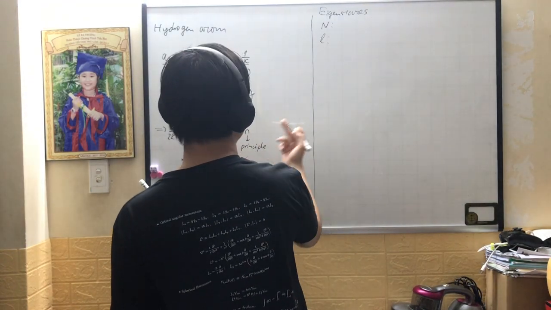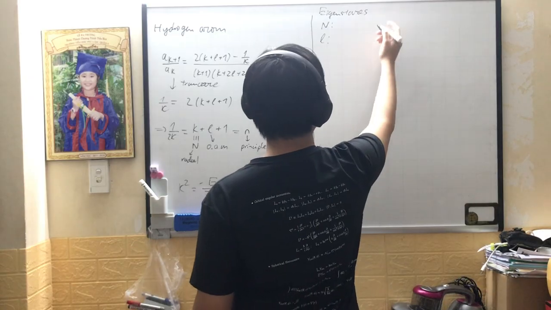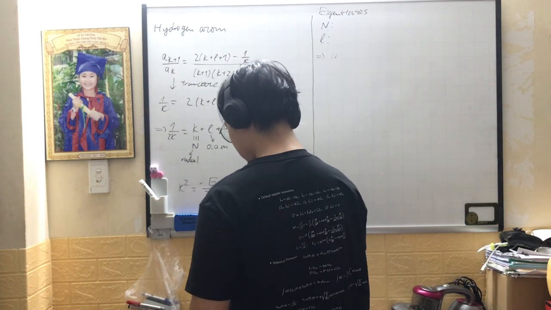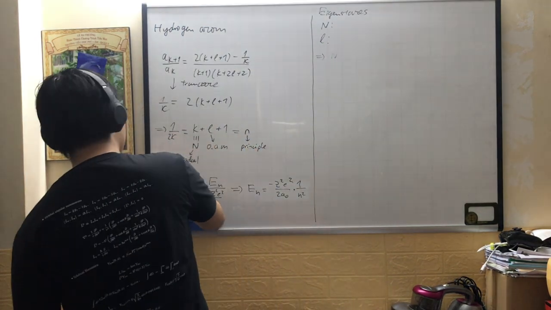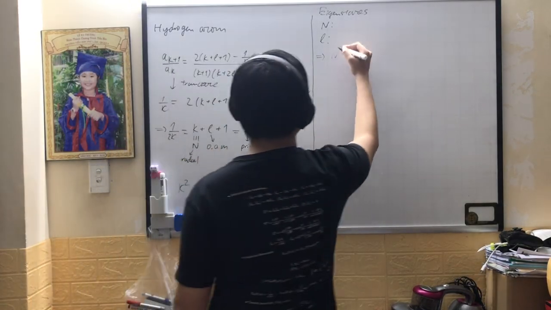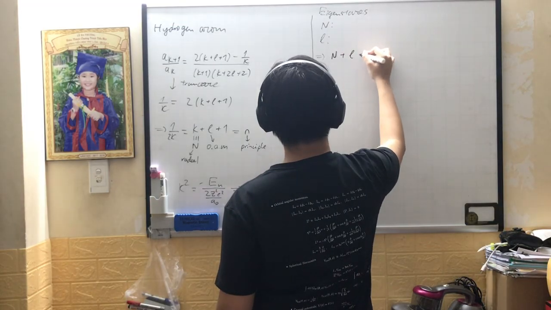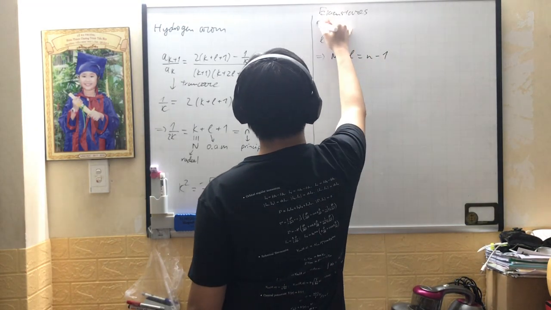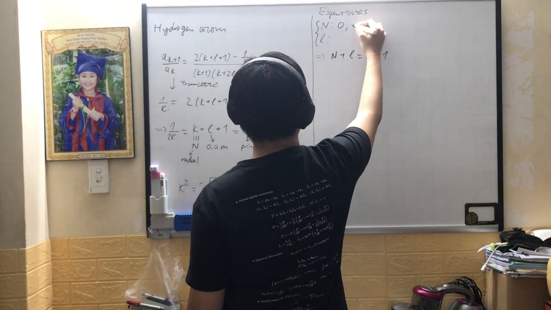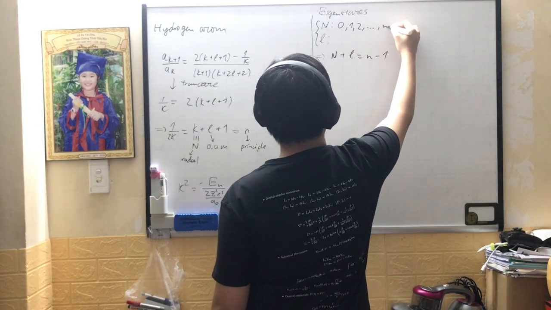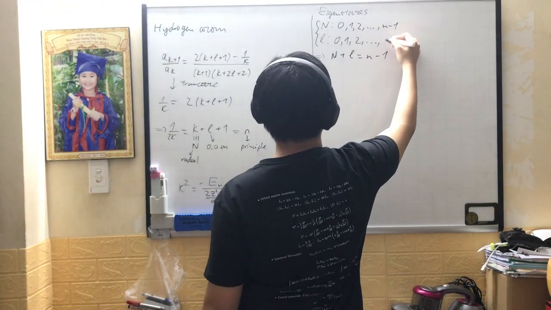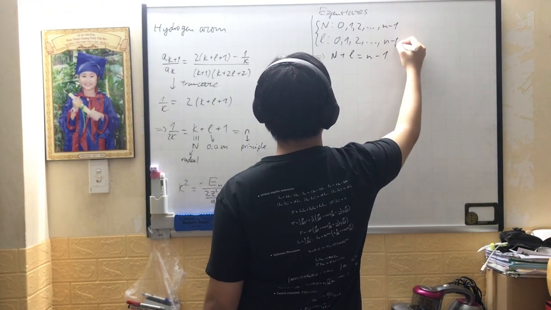So you see from here that n plus L is equal to little n minus 1. And these are going to range from 0 to n minus 1, of course. So these have to be greater than or equal to 0.